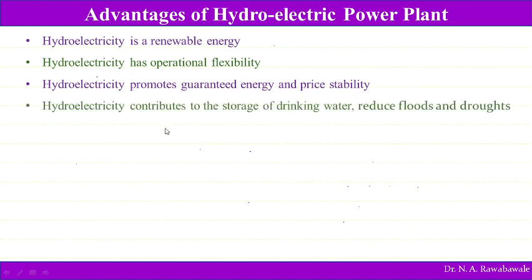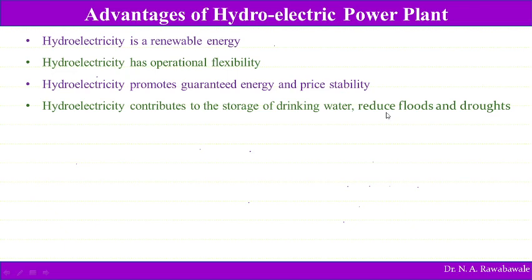Then hydroelectricity contributes to storage of drinking water, and reduces floods and droughts. In a hydroelectric power plant, we construct a dam. The water stored in the dam is used for generating electricity as well as for drinking water, and this also reduces floods.